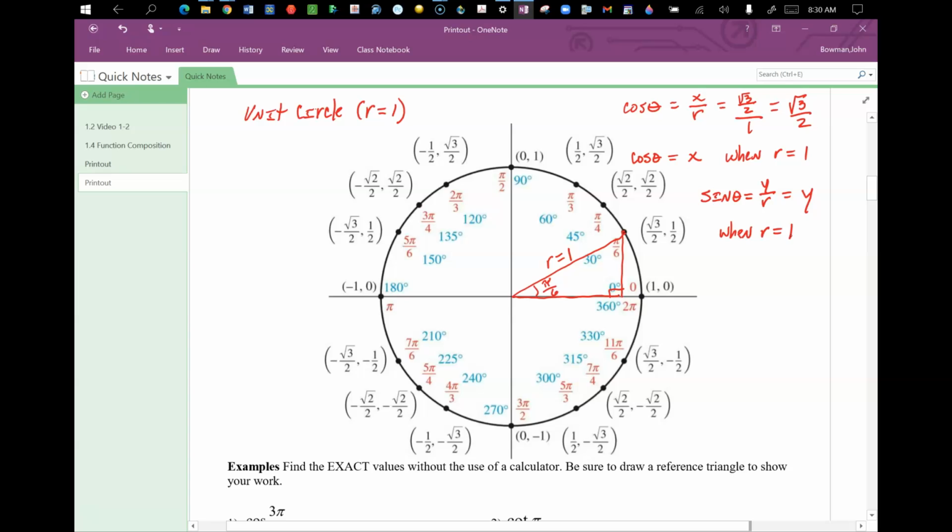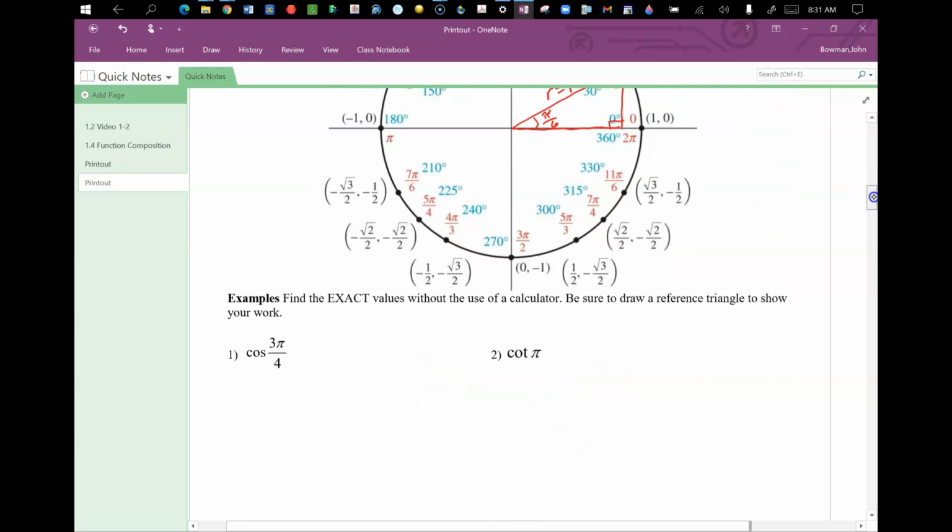What that does for us is it basically allows us to take a look at the coordinates of these points at the end of the hypotenuse, or at the end of the radius there, and start to recognize some patterns and boil it down for these special angles to 3 cases: a 30, 60, 90 right triangle, a 45, 45, 90 right triangle, or what we call a quadrantal angle, which is a multiple of pi over 2 or 90.